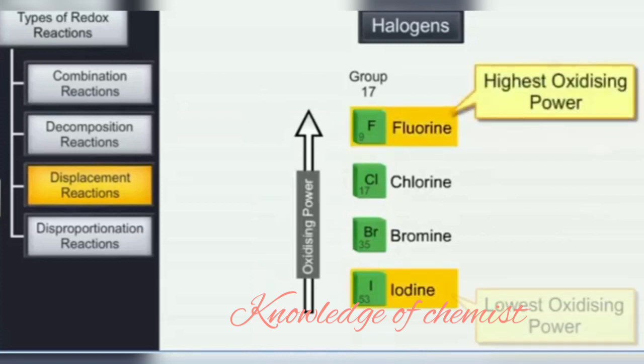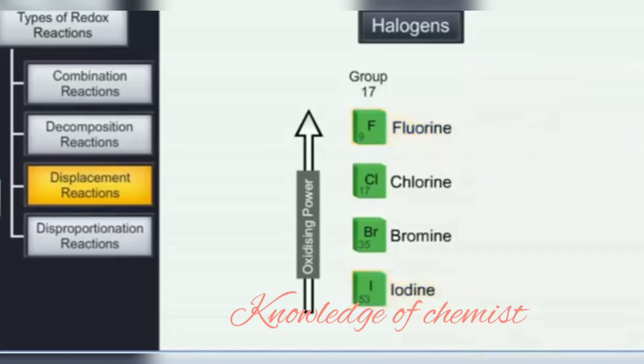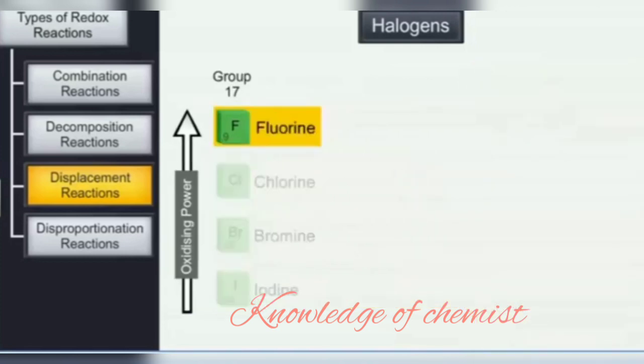Fluorine is highly reactive and can displace chlorine, bromine and iodine ions in a solution due to its high reactivity.